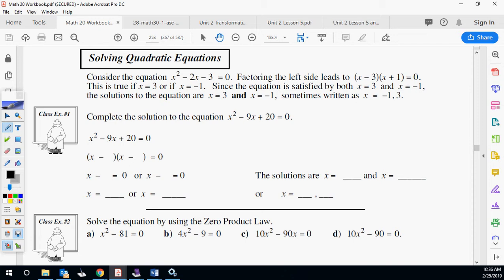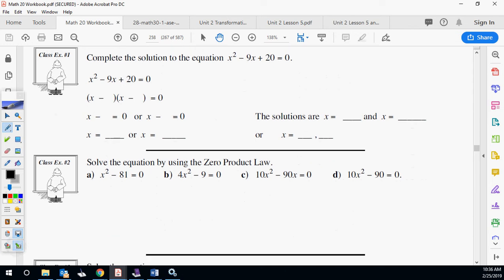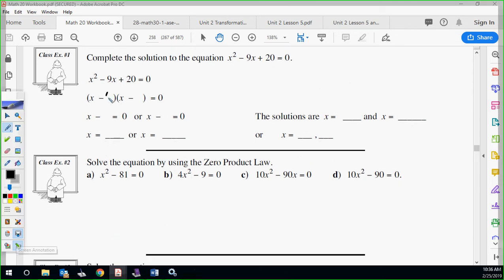Now, second one, what factors of 20 add up to -9? Yeah, 5 and 4, 4 and 5. So (x minus 4)(x minus 5). That means my solutions come from solving these little equations, where we add the 4, add the 5. So the answer is +4 and +5.